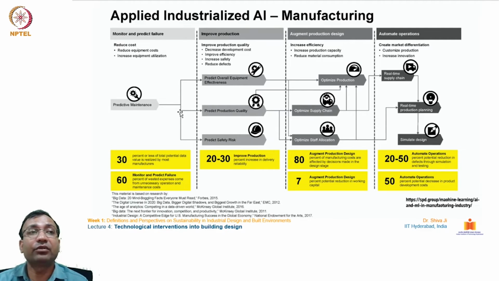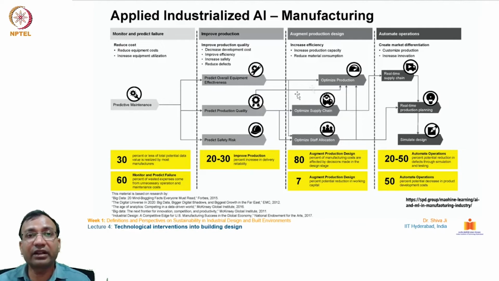In the second column, for improving the production system, we can go for improving production quality by decreasing the development cost, improving the efficiency, increasing safety measures, and reducing the defects. On this predictive maintenance part, there are 3 points given over here: predicting overall equipment effectiveness, predicting production quality, and predicting safety risks.